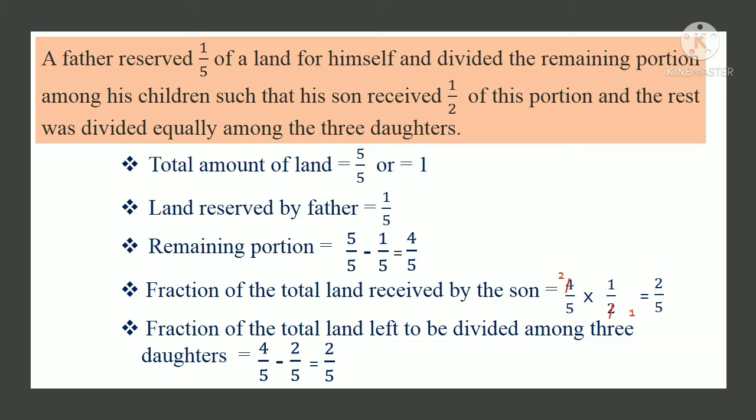Yes? That is 3 upon 5. Or else you can find, out of the remaining portion, you have to subtract the portion received by son. That is 2 upon 5. Then 4 upon 5, subtract 2 upon 5. The answer is 2 upon 5. This is the amount reserved by the 3 daughters.